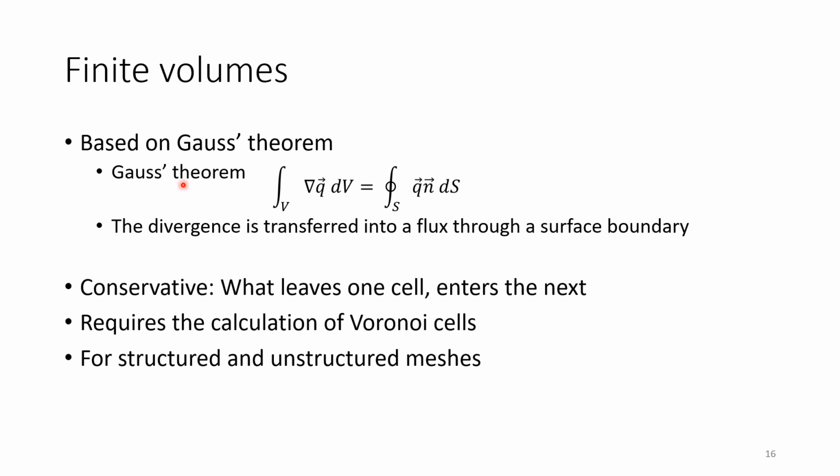But the Gauss theorem, a general mathematical law which is proven correct, tells me I can convert this into a closed integral. That's why there is this little circle in the integral. A closed integral of this same vector field multiplied with the normal vector on the boundaries of this volume. Right. So instead of integrating over the divergence of a vector field over volume, I can integrate the flux of the vector field across its surface.